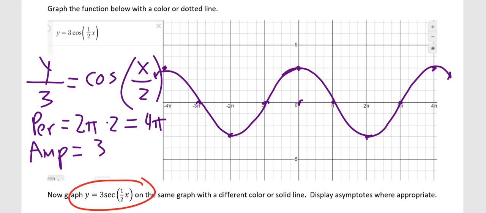Now we need to do the secant. What's going to happen at pi and at 3 pi and at negative pi and at negative 3 pi? What's going to happen at those spots? Come on, tell me what magic thing's going to happen at these spots? Vertical asymptotes. Okay.